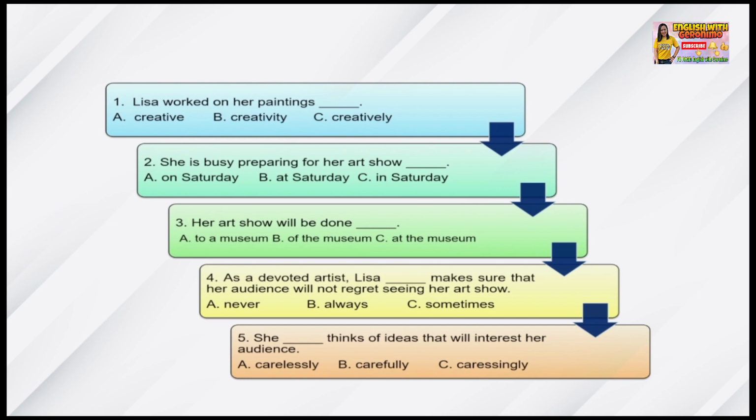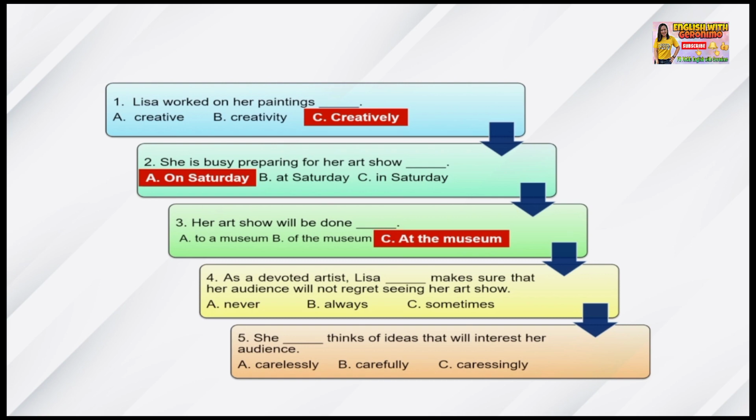Now let us check if you got the answers correctly. For number 1, the answer is C. Creatively. For number 2, we have A. On Saturday. 3. The answer is C. At the museum.